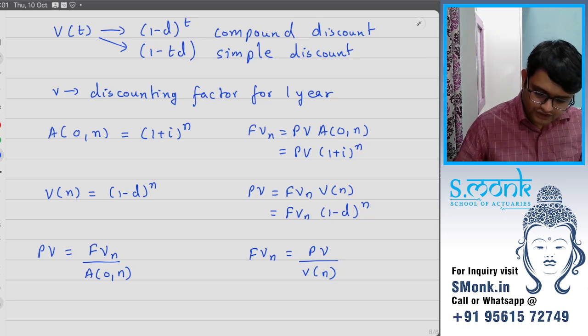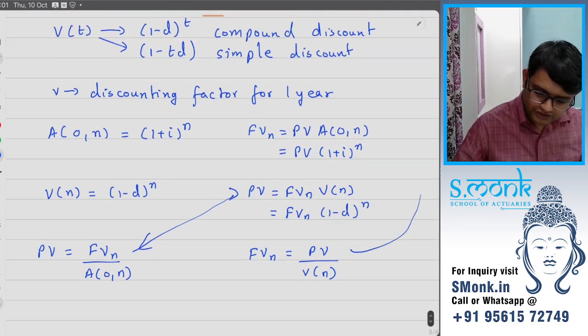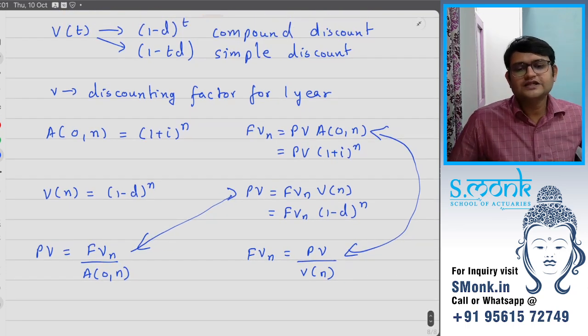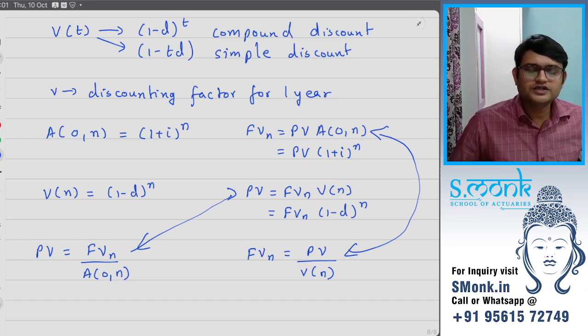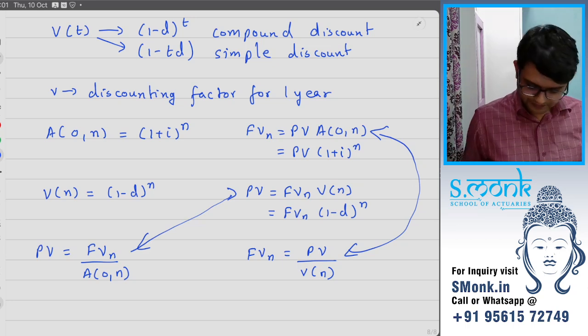So if I relate these two, it does not matter which one you are relating, you can clearly see that accumulation factor and discounting factor are reciprocals of each other.